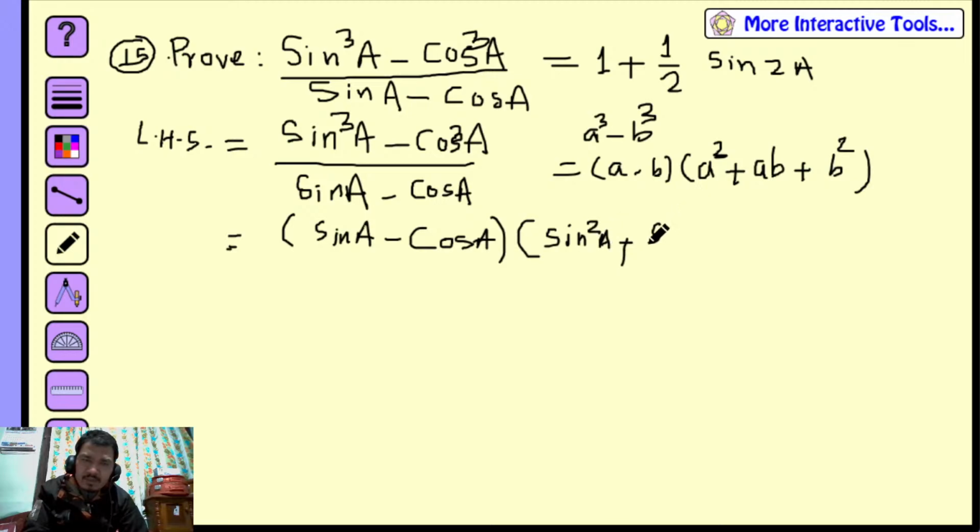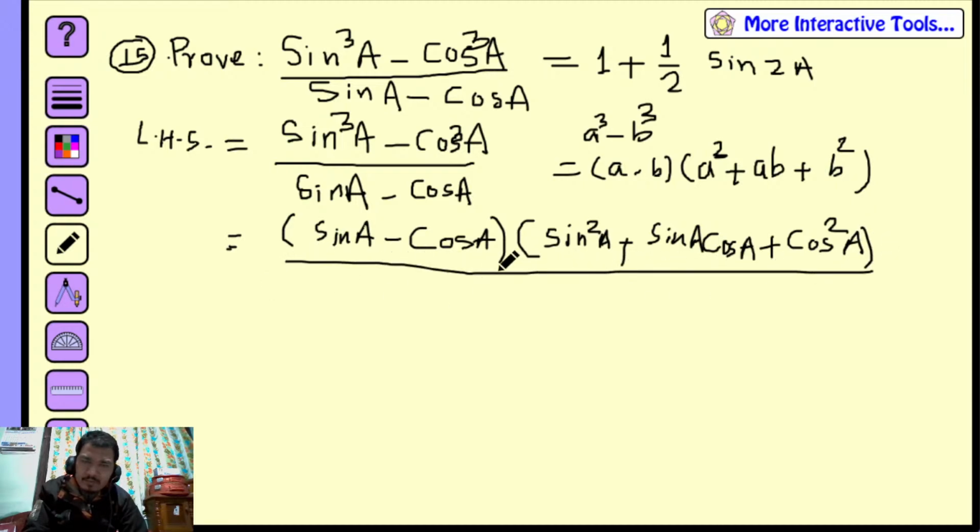Ab means sine A into cos A. As I told you before, a means sine A, b means cos A, then into cos A will be sine A into cos A, right. And here next one, cos square A, okay.